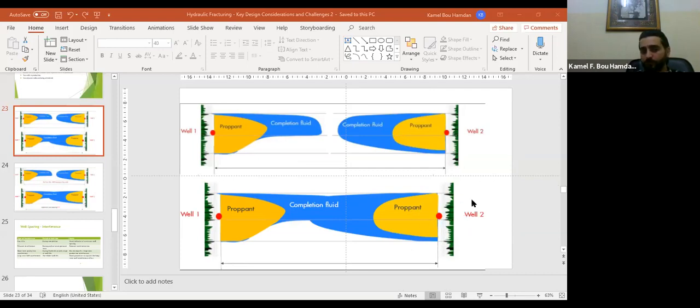If you are in well 2 and the frac hit occurs, you are going to find a sudden increase in the tubing head pressure. So there is some kind of disturbance to your pressure profile once the frac hit occurs, and that's going to be an indication that we have some kind of interaction.